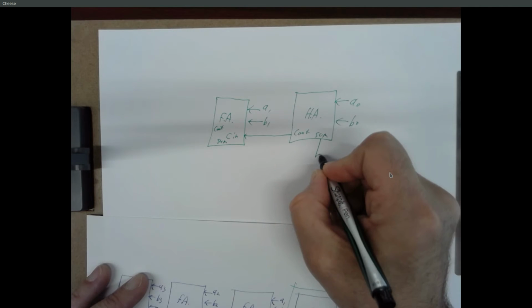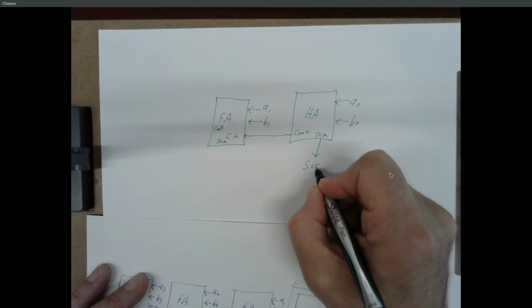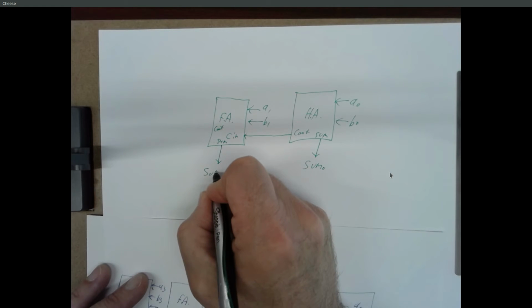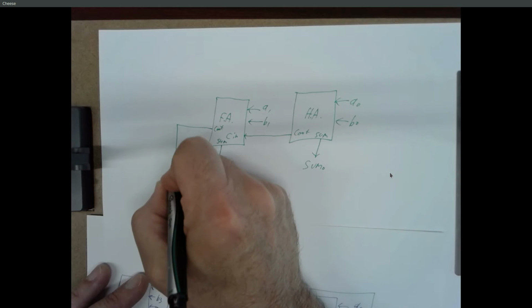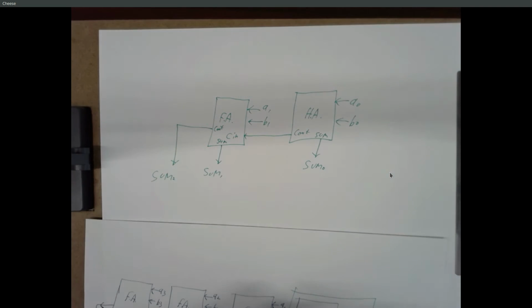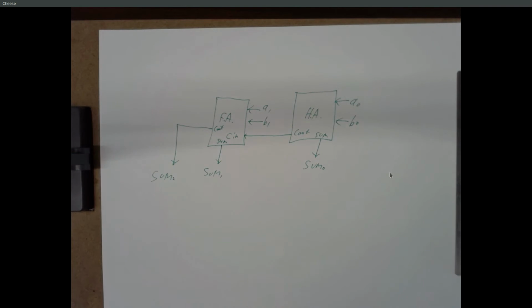And then the sum out from the first one is your sum bit 0. The sum out from your full adder is your sum bit 1. And the carry out from your full adder is your sum bit 2. And so that's going to be what you design, what you come up with full equations for, what you design a circuit for with part numbers and pin numbers, and then ultimately what you build.